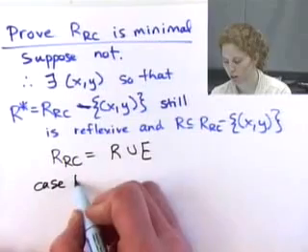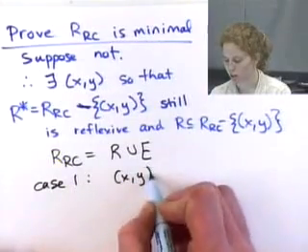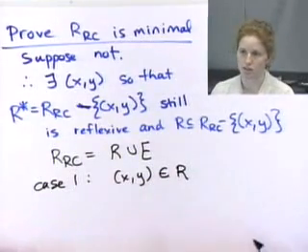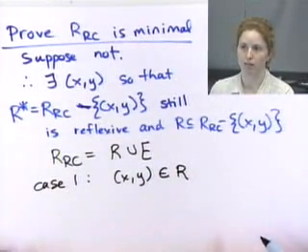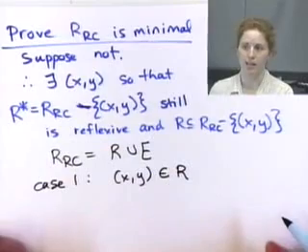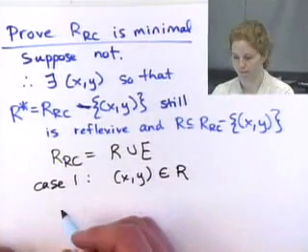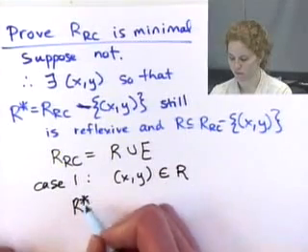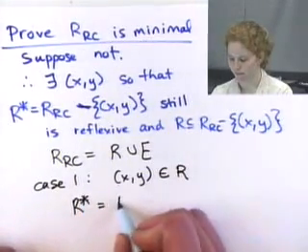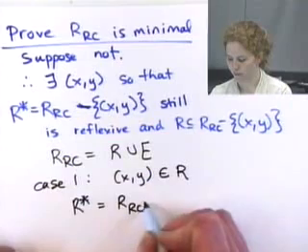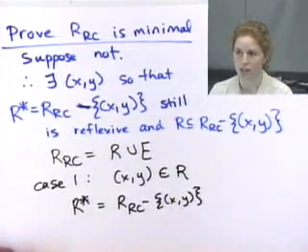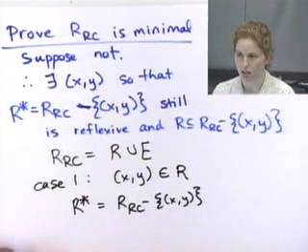Case 1, xy is a member of R. The other case is going to be that it came from E, right? So if it was in R and I take it out, then xy is not in R star anymore, right?